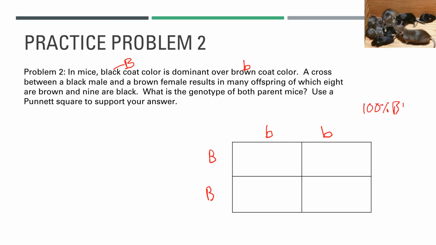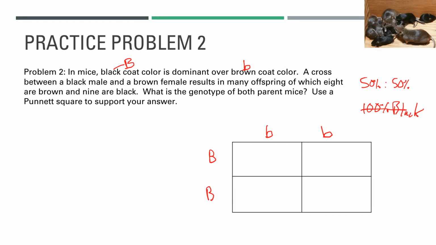So 100% black mice would come out of it if the father was pure or homozygous black. Well, we know that's not the case. We know that since we have roughly 8 and 9, it's 50% to 50%. So we know it's a 50-50 ratio.